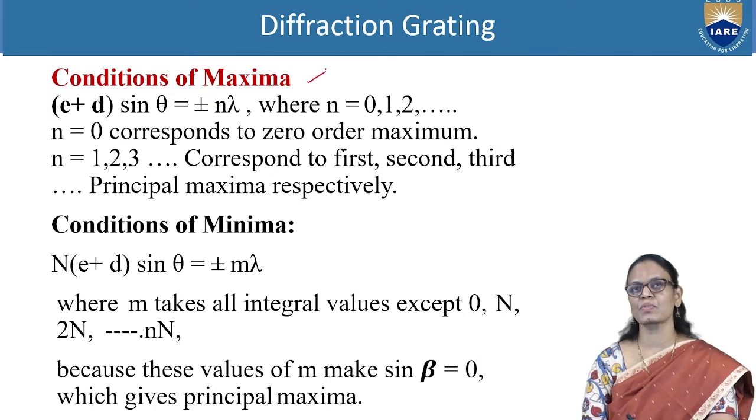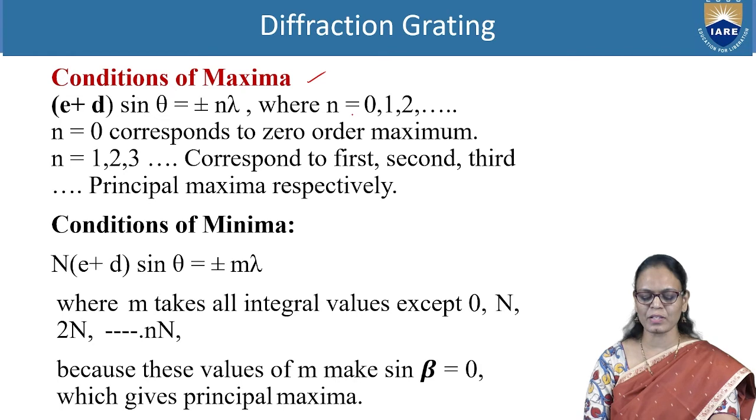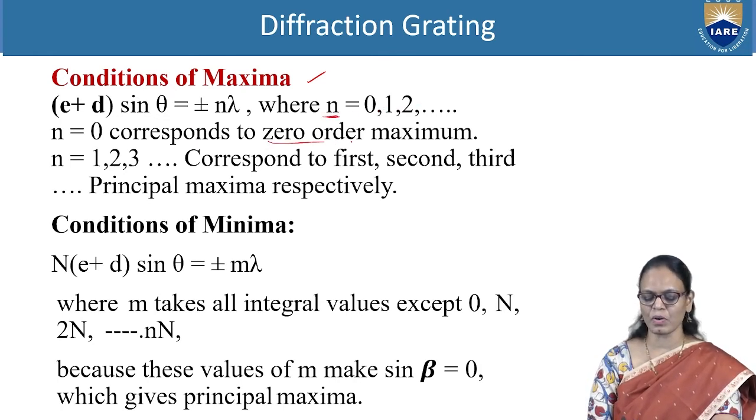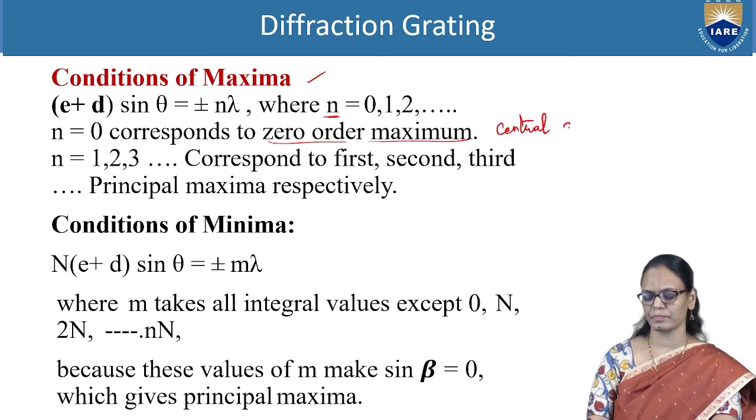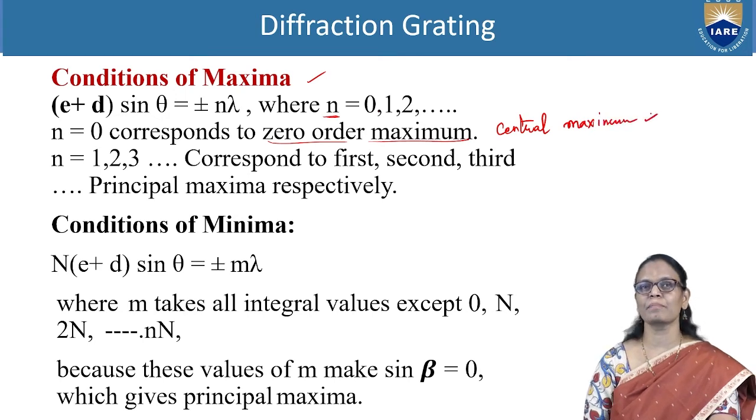So what are the conditions for maxima? (e plus d) sin theta is equal to plus or minus n lambda. So on both sides we have this, where n takes the values 0, 1, 2, and 0 always gives us the zero order maxima, or what we call the central maxima. n equal to 0 gives the central maxima, and n equal to 1, 2, 3 correspond to the first, second, third principal maxima, or we also call them secondary maxima.